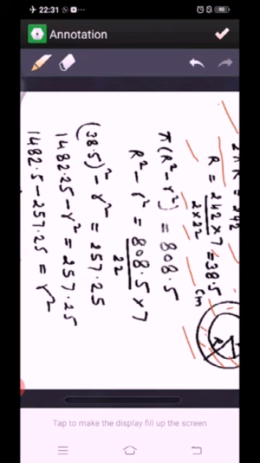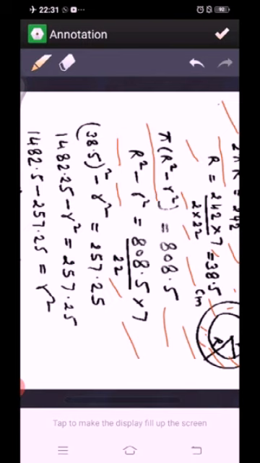Now we know that the area of the ring equals pi into capital R square minus small r square, which is given as 808.5 centimeter square. So capital R square minus small r square equals 808.5 upon pi. The value of pi we have put as 22 upon 7.